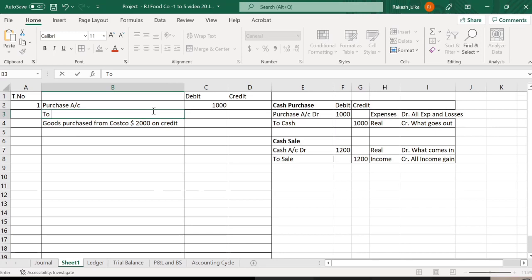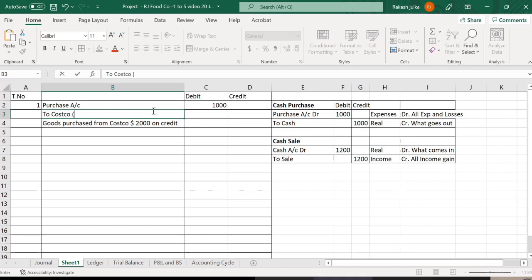Normally, we write cash in case of a cash transaction, but now this is not a cash transaction. We have not paid anything to Costco. Neither cash nor bank balance has gone down. So what should we write? According to any transaction, we have two elements. One element is purchase and the second element will be the name of the company, Costco.